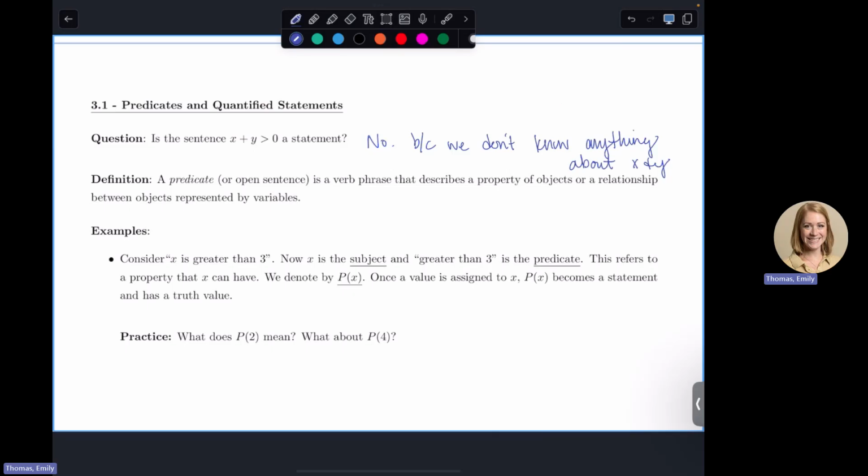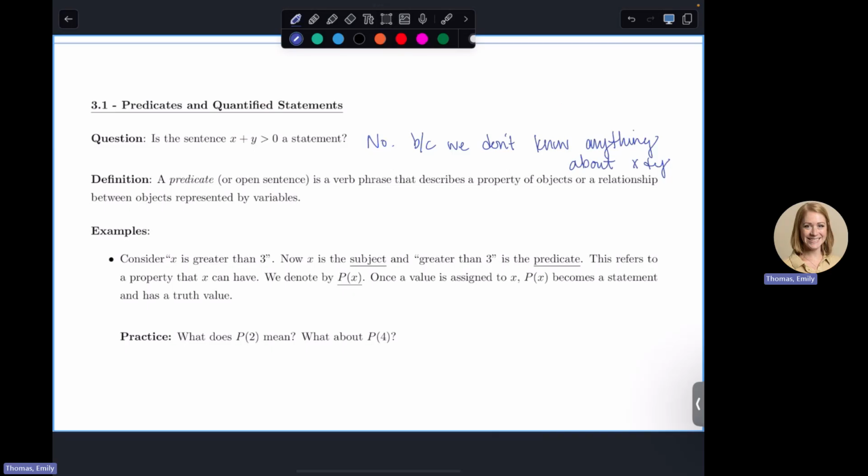So a predicate or an open sentence is a verb phrase that describes a property of objects or a relationship between objects represented by variables, like that thing we just did. That could be an open sentence involving x and y. But what happens is that you are given numbers so that you can decide if it's true or false.